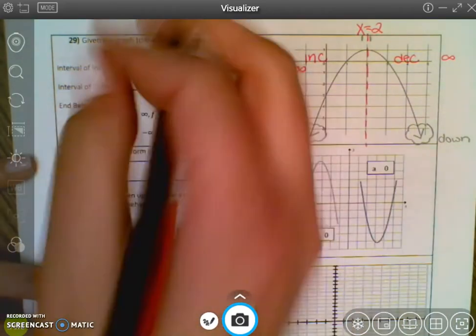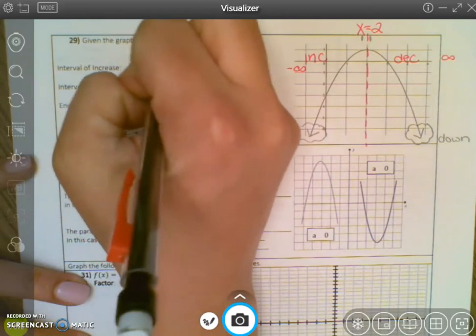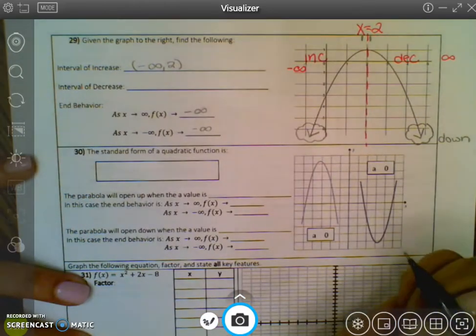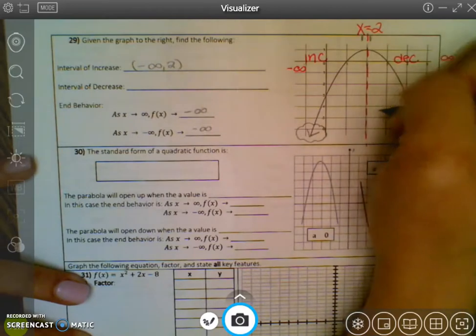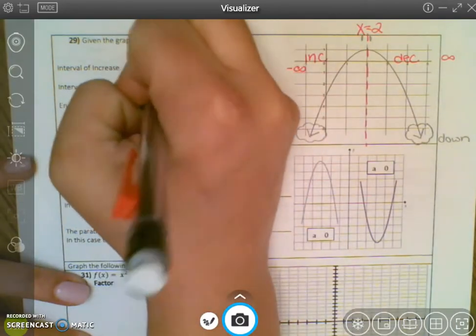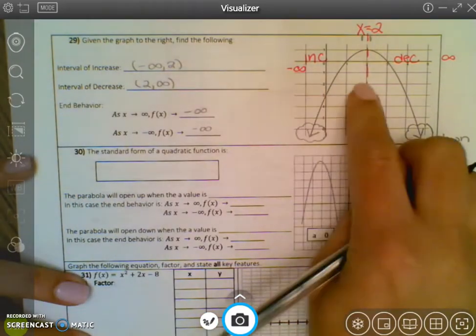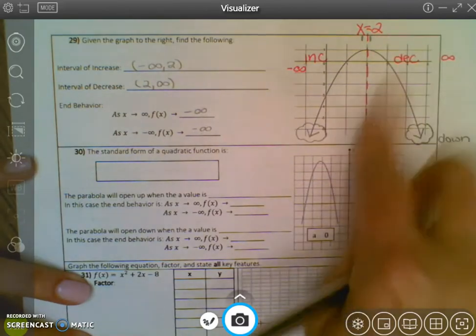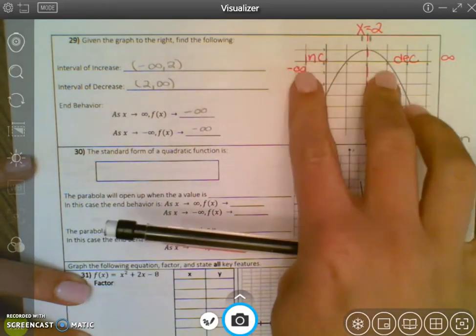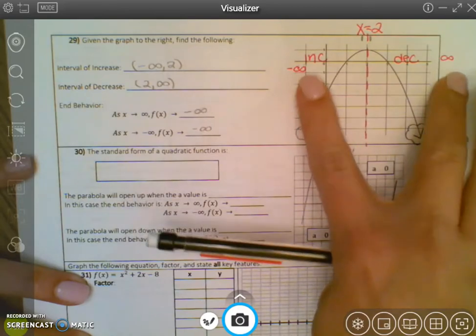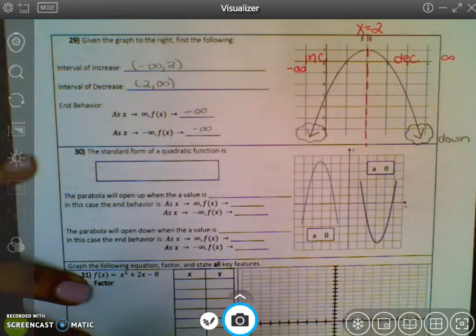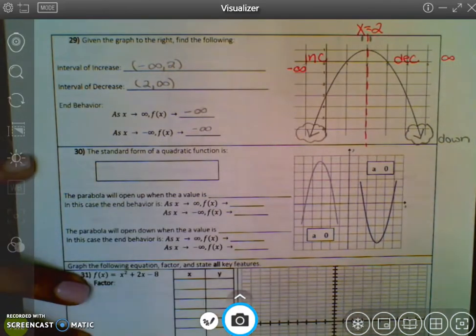It's increasing first, so negative infinity to 2. And then from 2, it's starting to decrease, so 2 to infinity. If you label it this way with your axis of symmetry, negative infinity, and positive infinity, that's all you need for interval of increase and decrease. So make sure you're labeling your graphs.